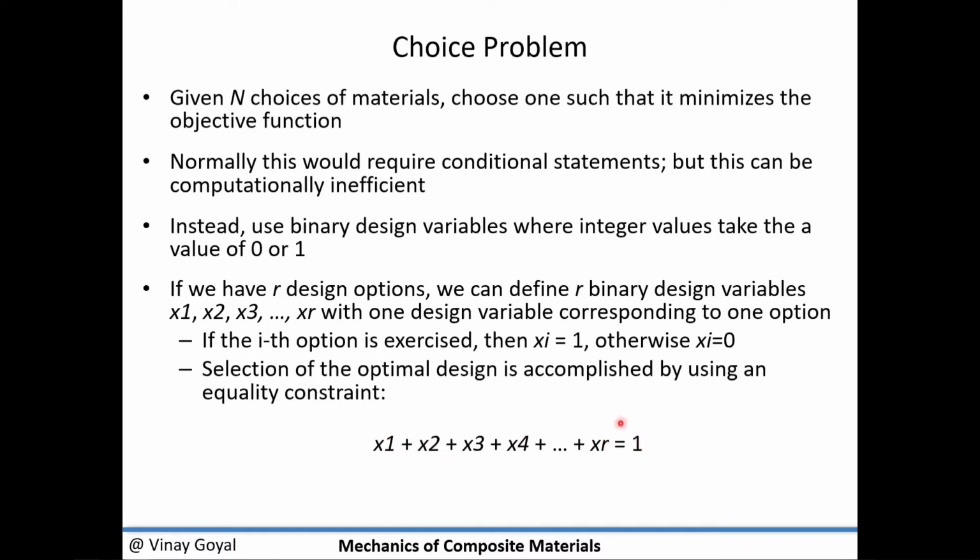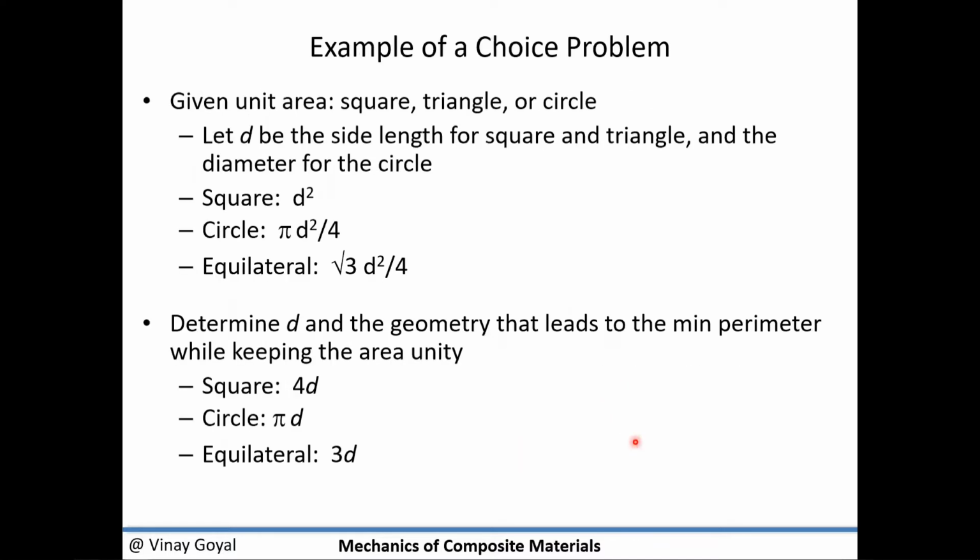So this is called a choice problem, and I'll illustrate that with a geometric problem. This is how this particular choice problem works. Given a unit area, you have a square, a triangle, or a circle. All of them have a unit area. Let D be the side length for the square and the triangle, and let D be the diameter for the circle.